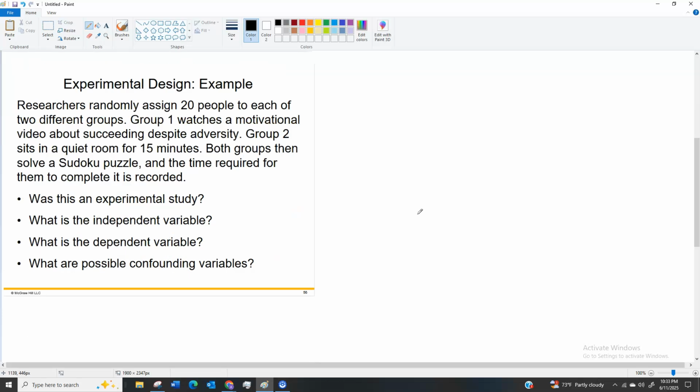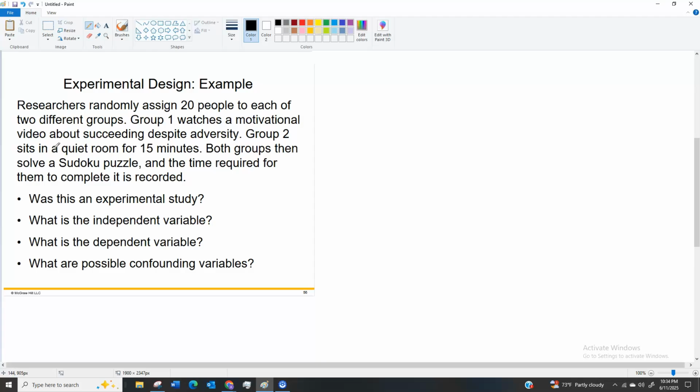So here's an example. We're going to try to determine whether it's an experimental study, if it meets the criteria, what in the study are the independent variable and the dependent variable, and what you could think of as confounding variables. In this case, it says researchers randomly assign 20 people to each of 2 different groups.